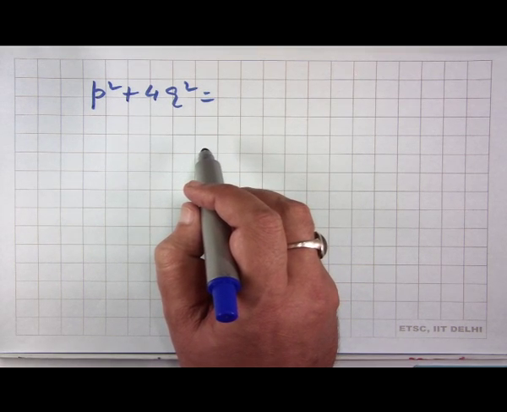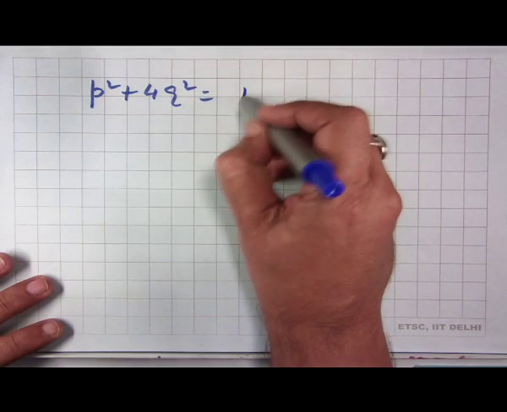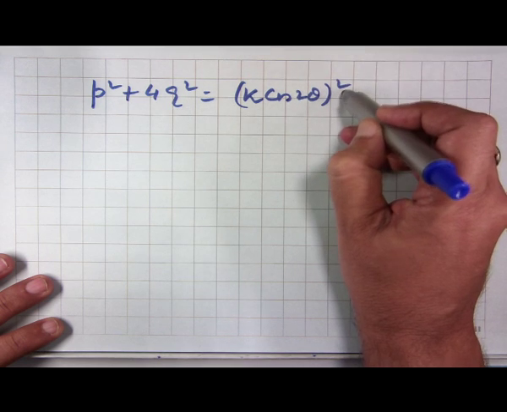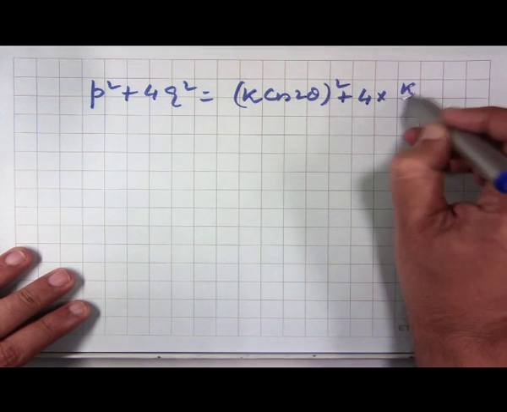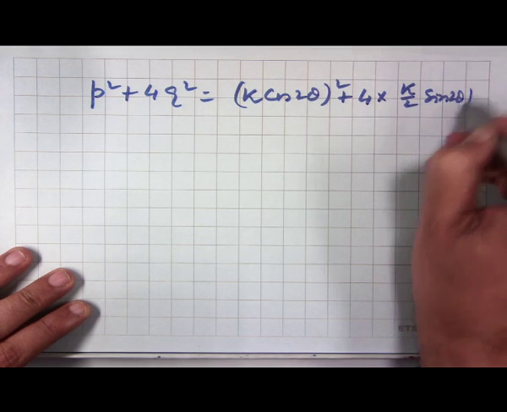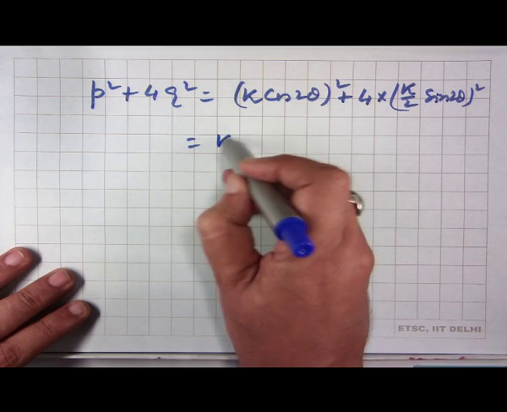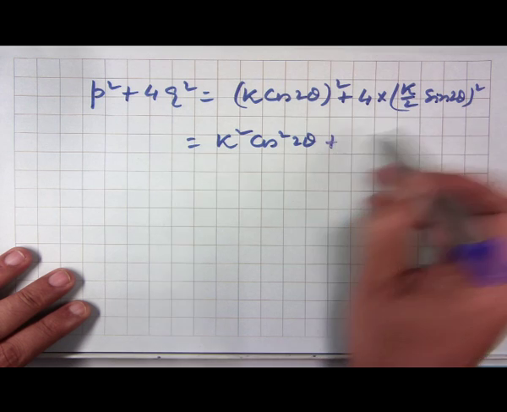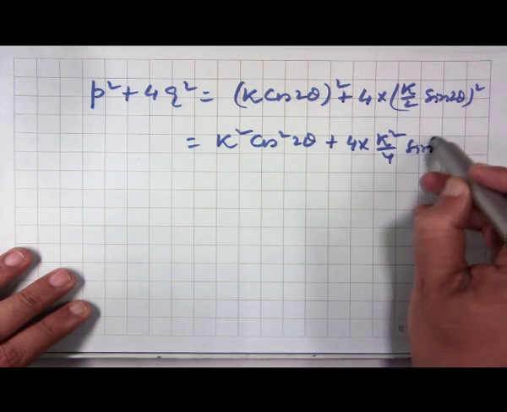P is equal to k cos 2 theta, so k cos 2 theta whole square, plus, and q is equal to k by 2 sin 2 theta, so 4 into k by 2 sin 2 theta whole square, is equal to k square cos square 2 theta plus 4 into k square by 4 sin square 2 theta.